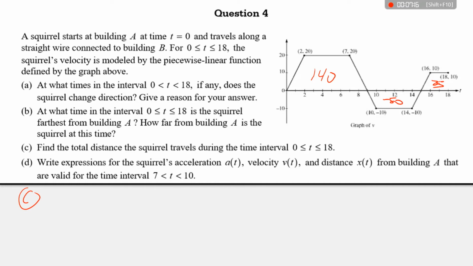Okay, so how could I write that? My distance. It's integration.